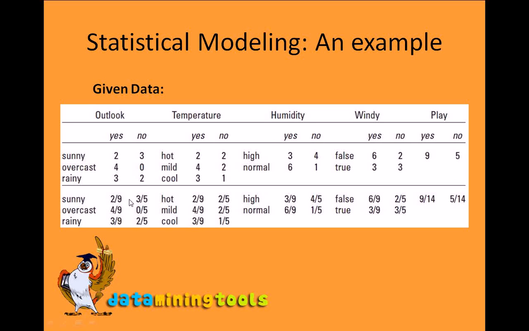And out of those 9 instances, how many have outlook equal to sunny? 2. So we have 2 by 9. And similarly, we do this with all the attributes and all their values. For the class play, we just have the number of instances with class equal to yes upon the total instances, and similarly for class equal to no.